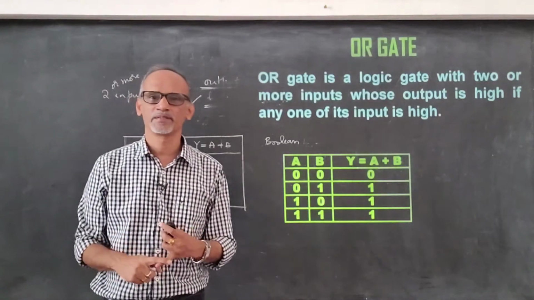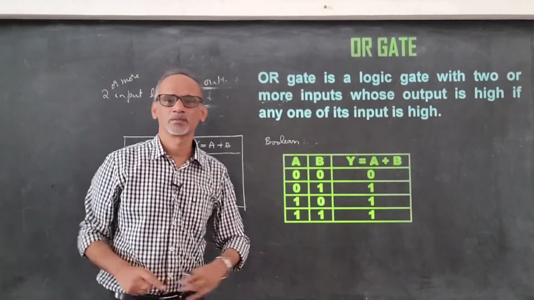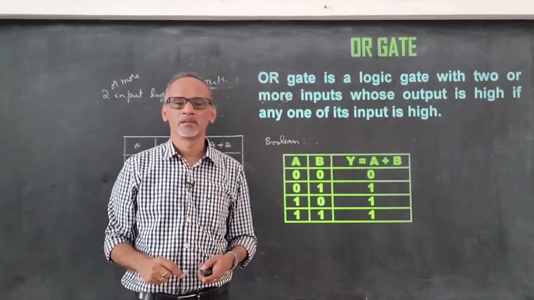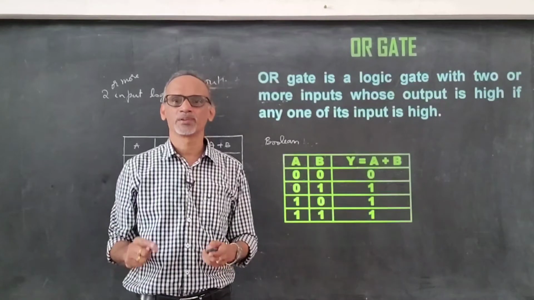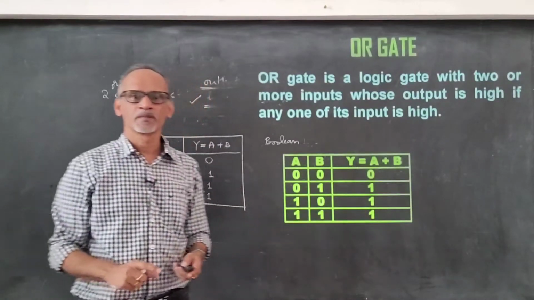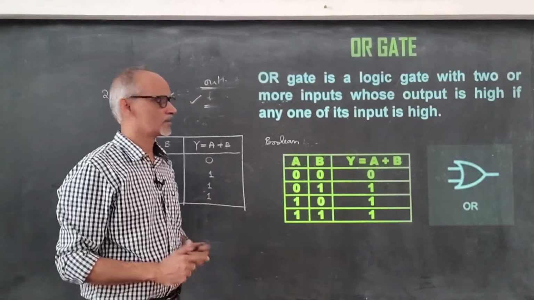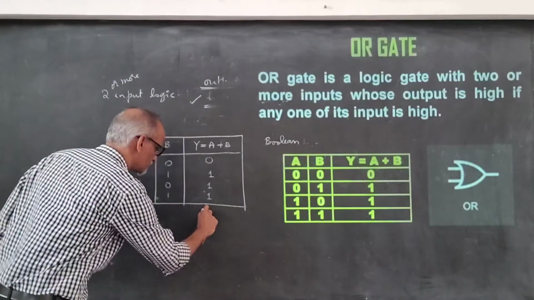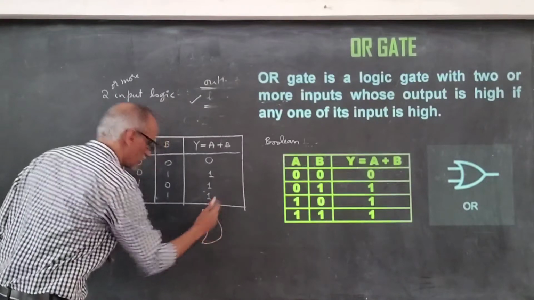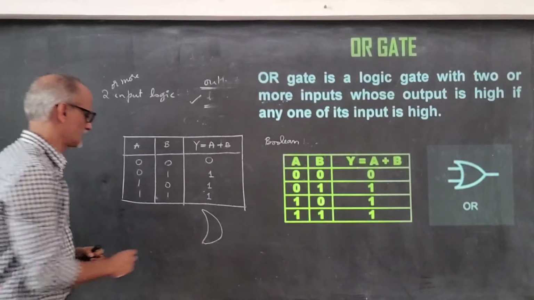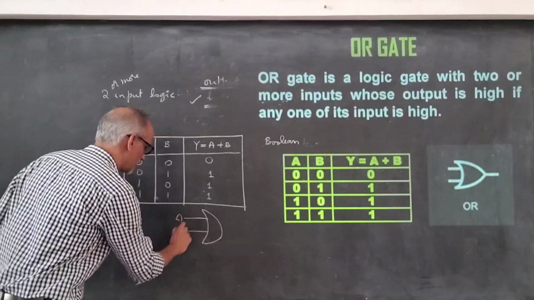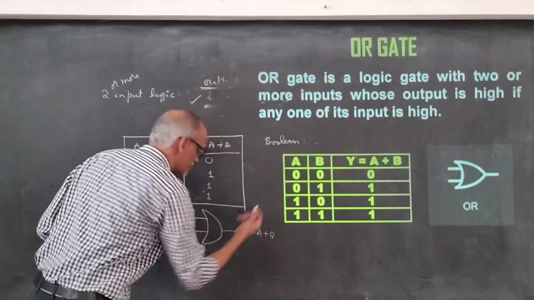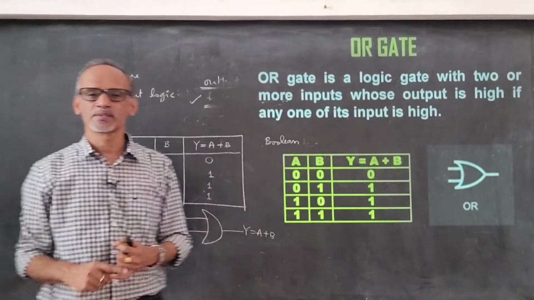They may ask the definition, they may ask just the truth table, or there is also a logical notation or symbol for every gate, and this is the symbol for the OR gate. Do remember, you need to draw a notation like this. These are 2 inputs A and B, and this is the output Y, which is equal to A plus B. Therefore, the OR gate performs logical addition.